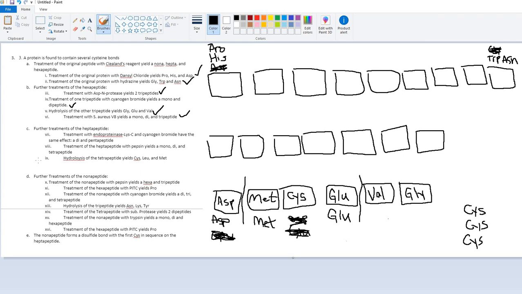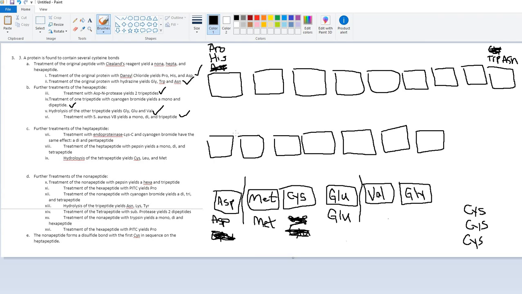So for further treatments of the heptapeptide, it says that treatment with endoproteinase lysine C and cyanogen bromide have the same effect, a di and a pentapeptide. Endoproteinase lysine C cleaves lysines at the C-terminal, and cyanogen bromide cleaves methionine at the C-terminal.